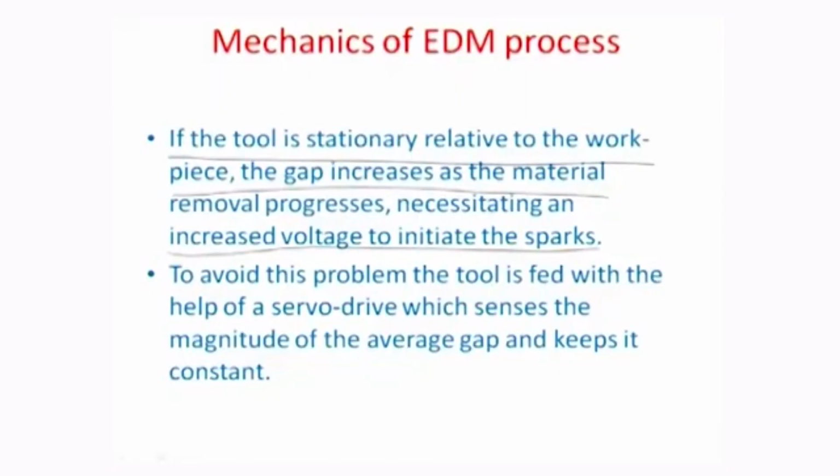So therefore, in order to avoid this problem of increasing the voltage, it is better to feed the tool with the help of a servo drive, and this can be a control system wherein the gap is sensed and the magnitude of the average gap can be controlled, and it keeps it constant by sensing the voltage and equating it every time to the breakdown field, or breakdown potential, which is needed of the particular medium.